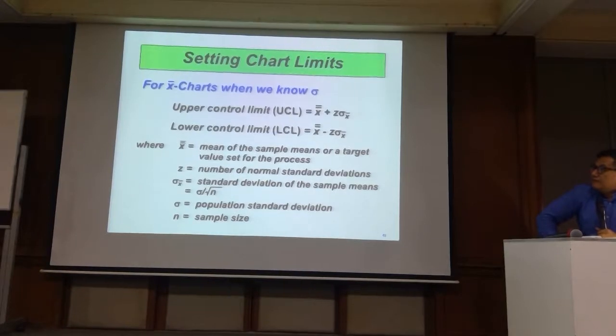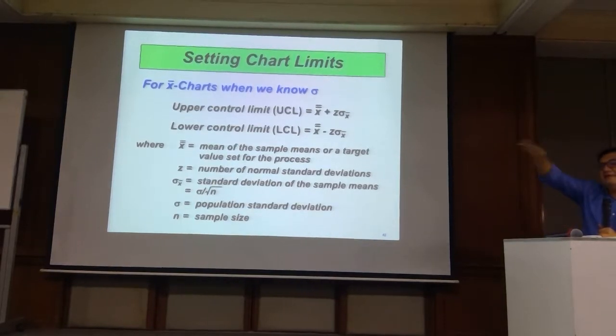But maybe we can know it if you have enough historical data that you can estimate the standard deviation of the process. So the first case is that if you know the standard deviation of the population or the process, you know that the mean is the average of all the plotting points, right?